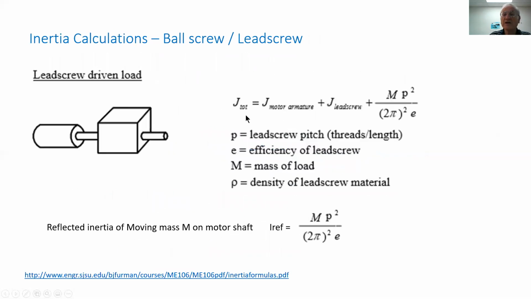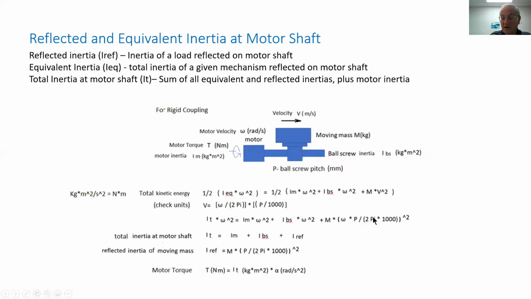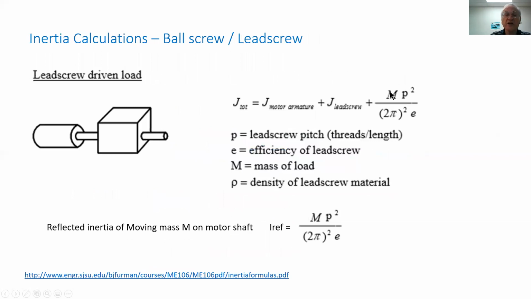We see over here an example that when we go through the calculation, as shown over here, the details over here, the reflected inertia of the mass on the motor shaft is the mass times the pitch of this ball screw squared divided by 2 pi squared divided by the efficiency.